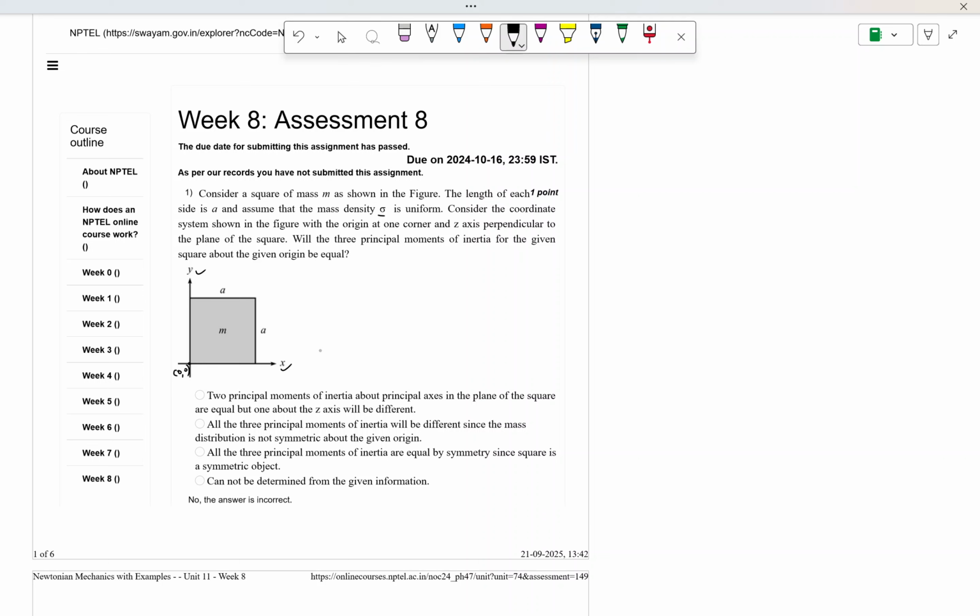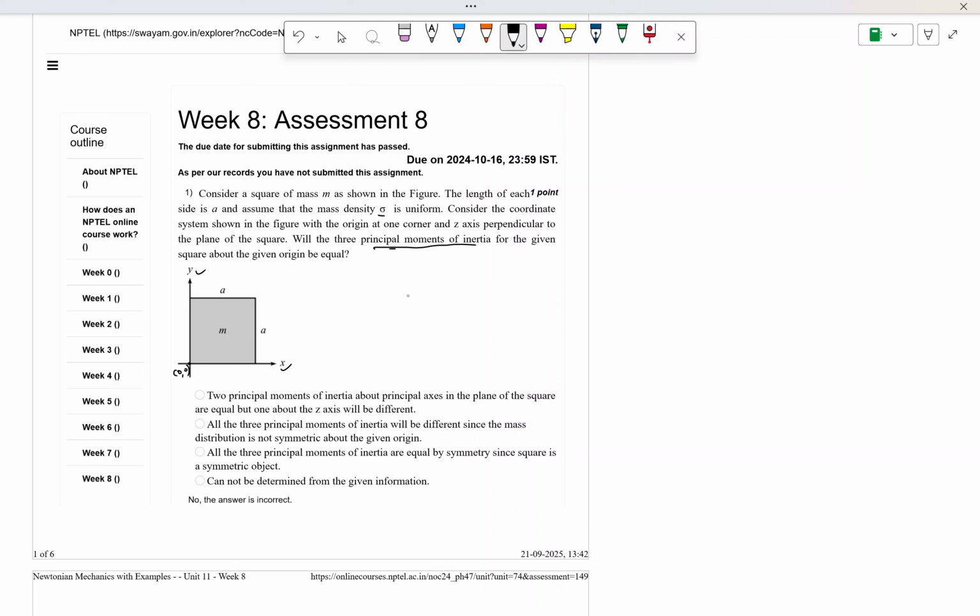Because it is a tensor, it will be represented like a matrix, as I think you have seen in the lecture materials. So you first have to find this for a square of side length a, mass m and uniform surface mass density sigma. The next step is to calculate the principal moments of inertia. Once you get the moment of inertia tensor, to get the principal moments you have to find the eigenvalues and eigenvectors, or in other terms you can diagonalize the matrix.